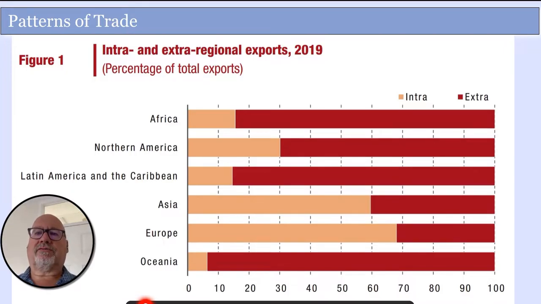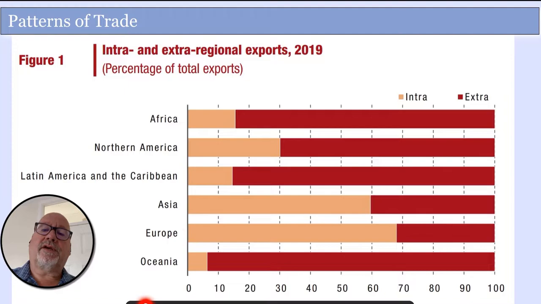Extra-regional trade is trade outside of that region. So take Africa, for example, we see that something like 16% of their trade is within the African continent themselves. So countries within Africa trading with another country in Africa. And the vast majority of their trade is done outside of Africa.